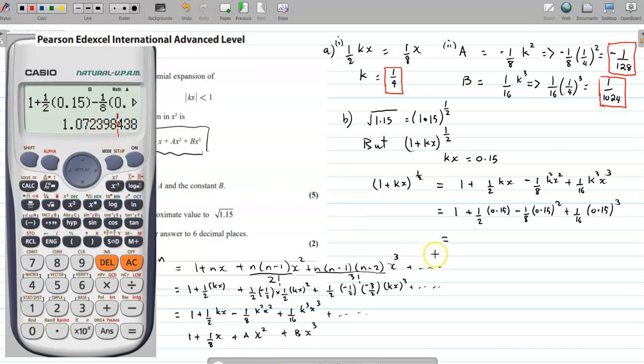So what we get is 1.07238 to 6 decimal places. So here ends question 1.